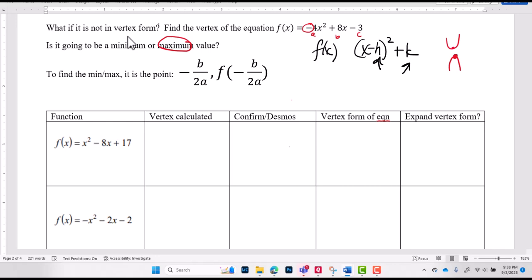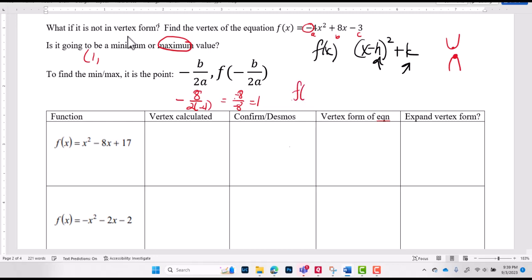So what we have to do is put in this formula: negative b over 2a. So when we put that in, this becomes negative 8 over negative 8, which becomes 1. So that is going to be my x value of the coordinates of the vertex. And then we have to put that value 1 back into my equation.